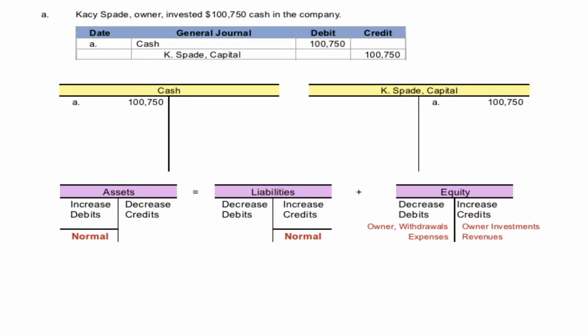All these other three that we talked about were those exceptions. So owner's capital is the same as what you see for liabilities. It just follows the normal rule. So like you said, capital goes up when you put money into the business. So an increase in capital means a credit. Okay? Does that help at all?